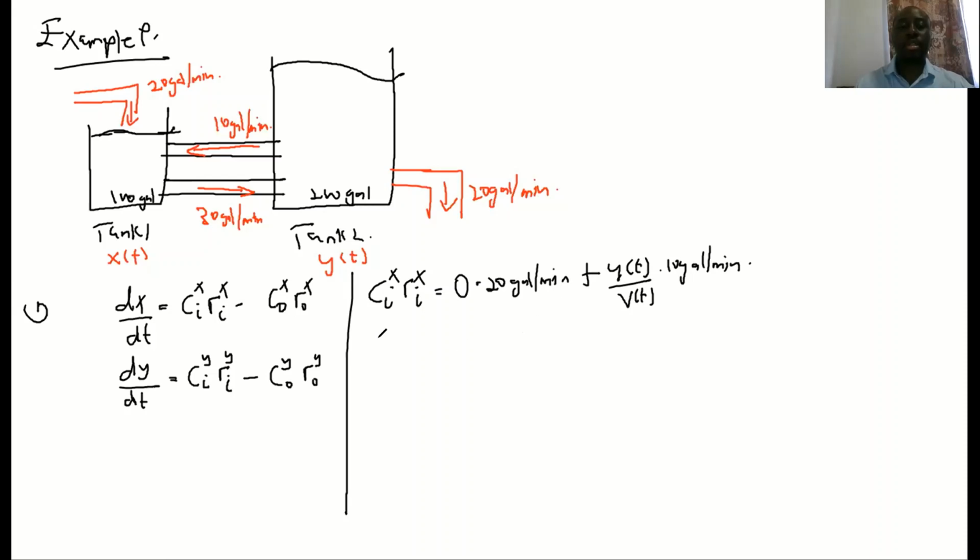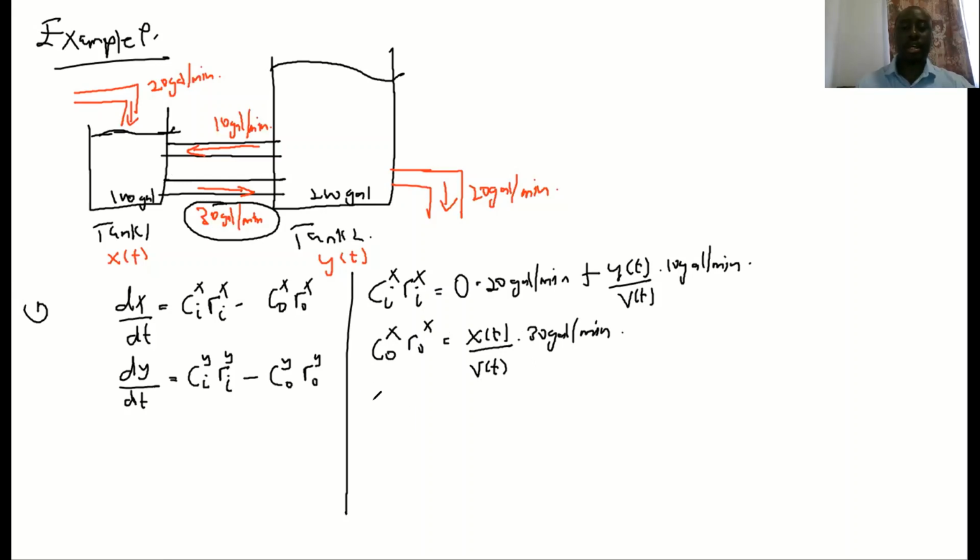Now, what is the total amount of salt that is going out of tank 1? The only brine that is going out is from tank 1 to tank 2, at a rate of 30 gallons per minute. The concentration will be the amount of salt in tank 1 divided by the volume of brine in tank 1, times 30 gallons per minute. And that's the only outflow channel.